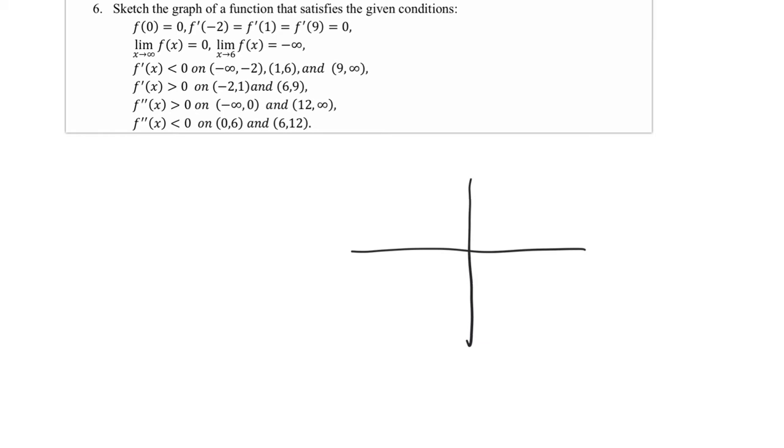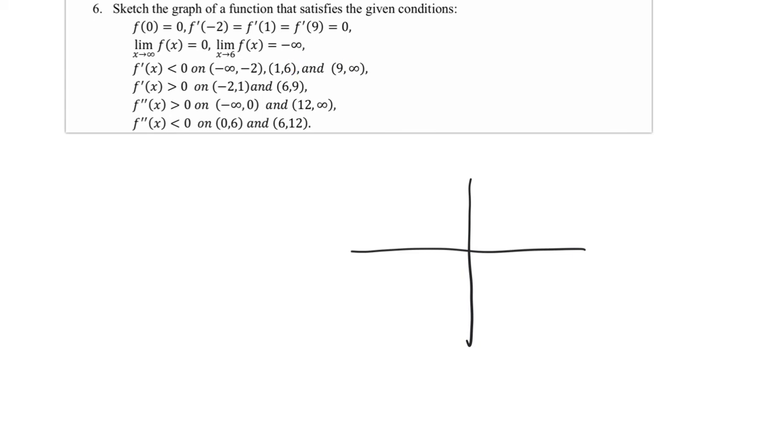Now, one thing I'm seeing is that they give you a bunch of numbers where there's apparently a lot of action. What I mean by that is you're going to want to take note of the numbers -2, 0, 1, 9, -2, 6, 9, and also 12.